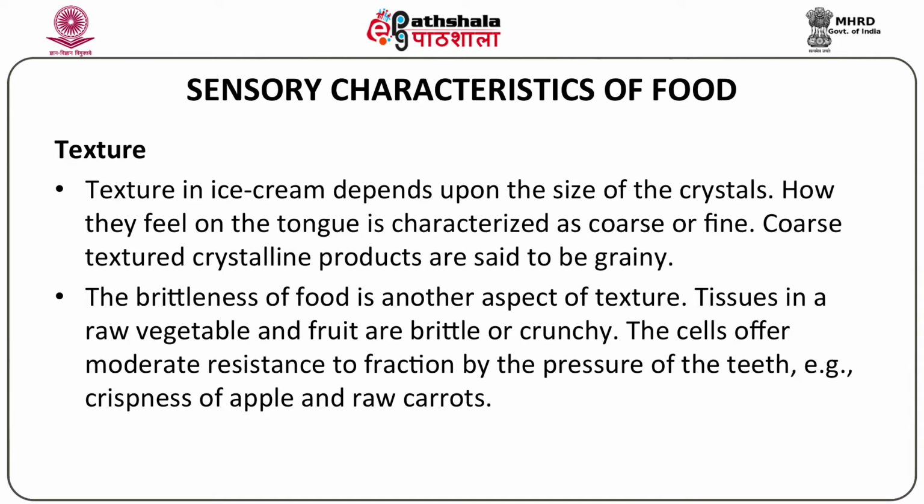Tissues in a raw vegetable and fruit are brittle or crunchy. The cells offer moderate resistance to fracture by the pressure of the teeth. Example, crispiness of apples and raw carrots.